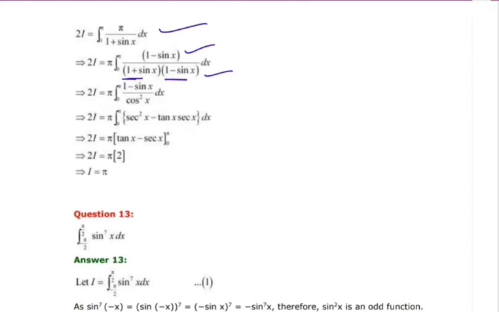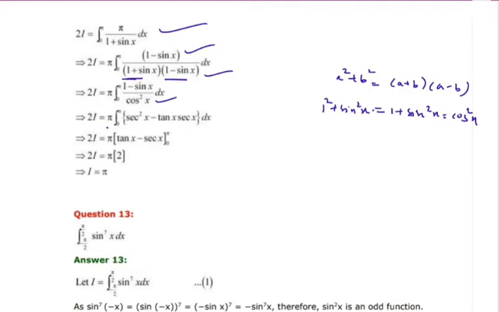Using a plus b times a minus b equals a square minus b square, the denominator is 1 square minus sin square x, which equals cos square x.